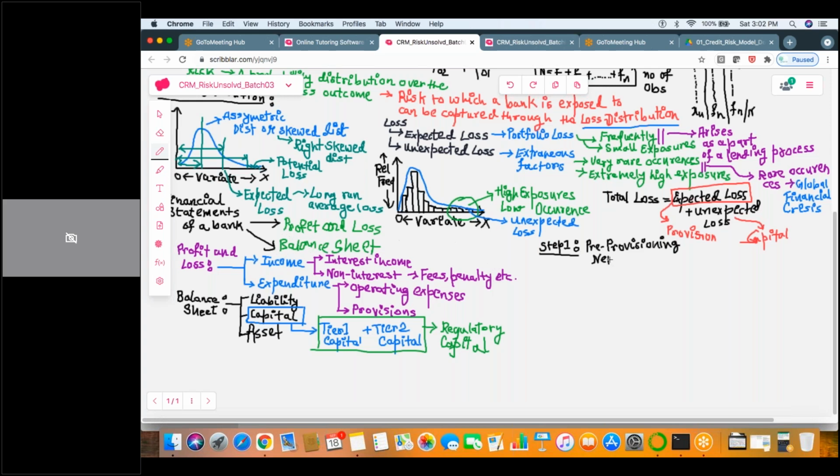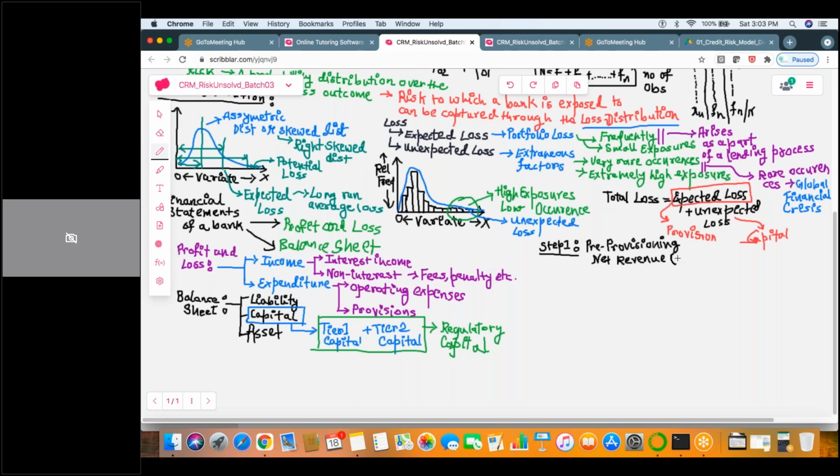The first step of any of these calculations involves computing the pre-provision net revenue.